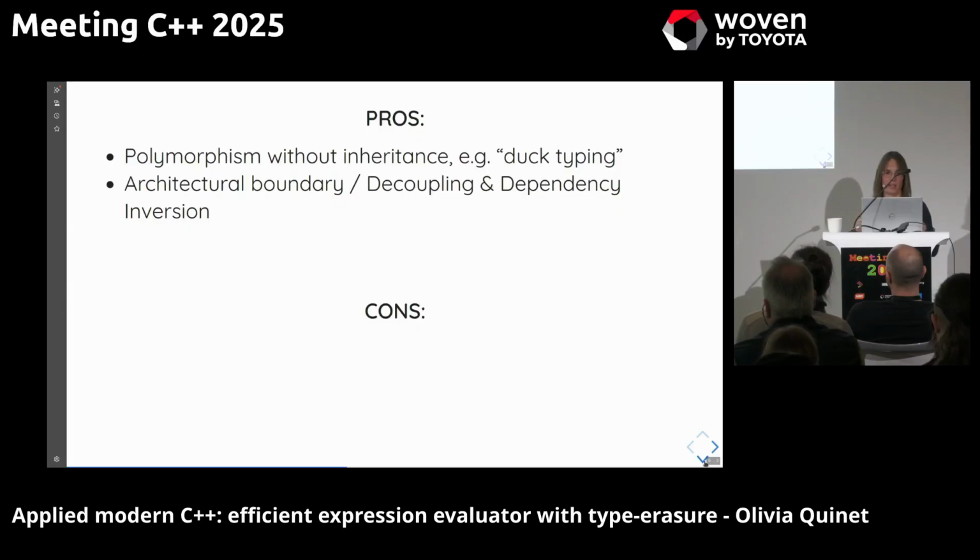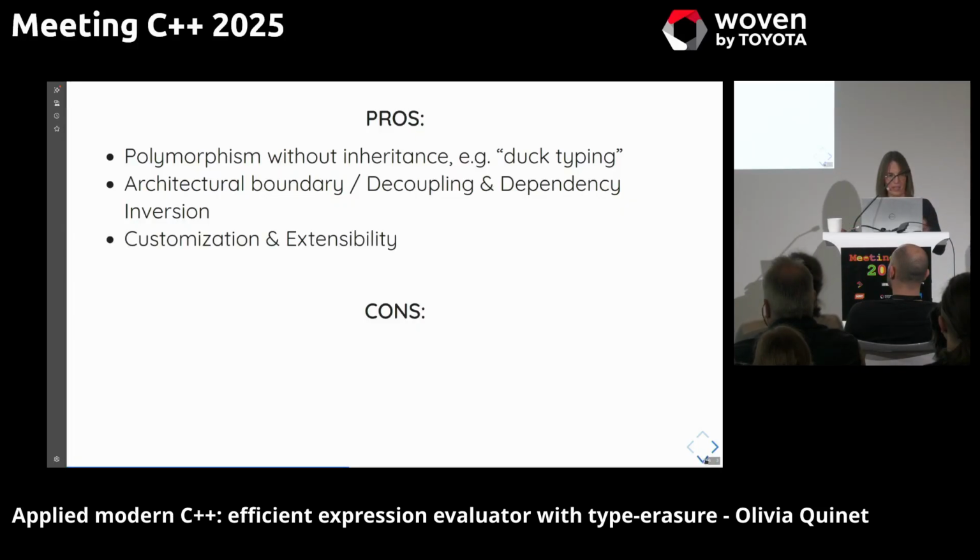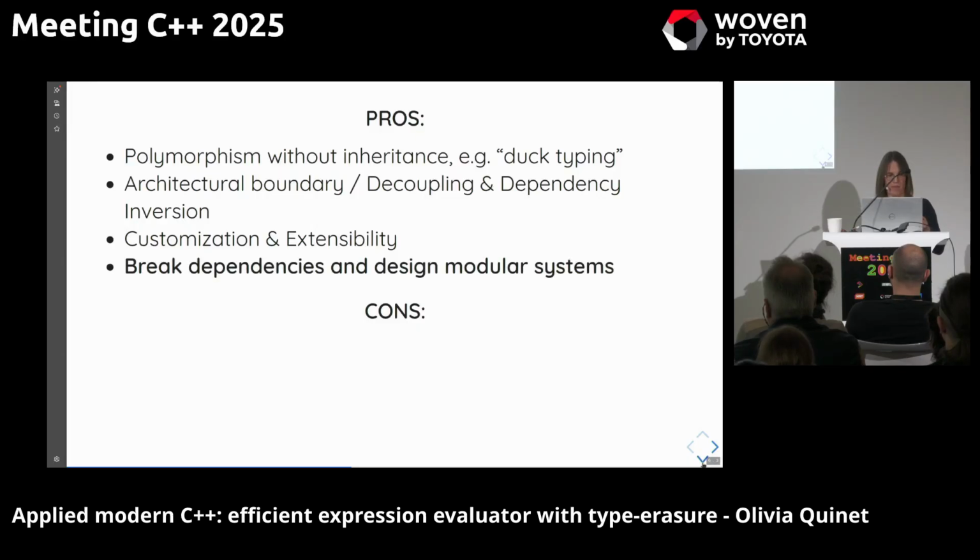You introduce decoupling and dependency inversion, so it's easier for testing, for example. It can be easily customized and extended to new types. Those are great advantages if you need them. But most importantly, it breaks dependencies and you create systems with good modular design in your code. That is super important, I think. And if you want something that is easily maintainable, that's the way to go.